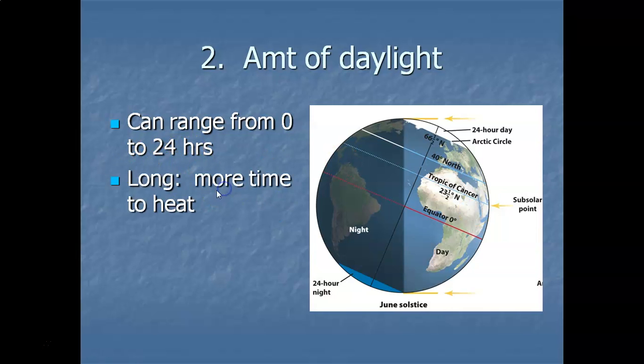Obviously during the summer months, when you have long periods of daylight, maybe 14, 15, or 16-hour days, the longer the daylight, the greater the potential for heating. And the opposite: if you've got periods of short daytime, the potential for the sun being out is less, and you're going to have less heating.